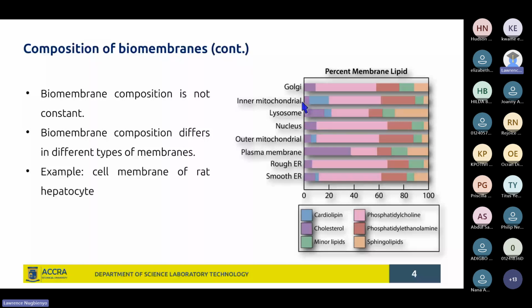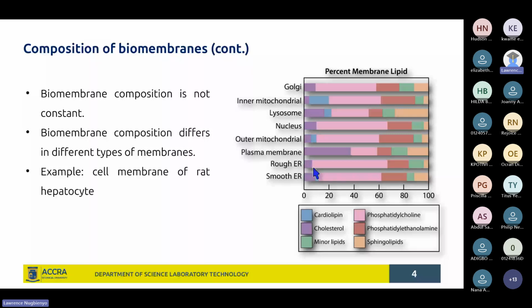Similarly, if you take, for instance, the rough endoplasmic reticulum and the smooth endoplasmic reticulum, it only means the rough endoplasmic reticulum has some ribosomes on it, and you see that here too, the compositions are not the same.